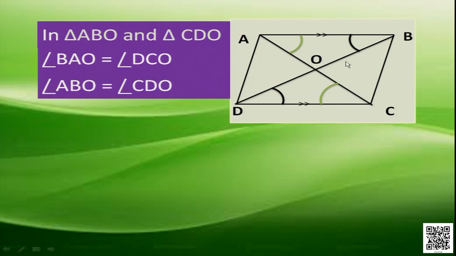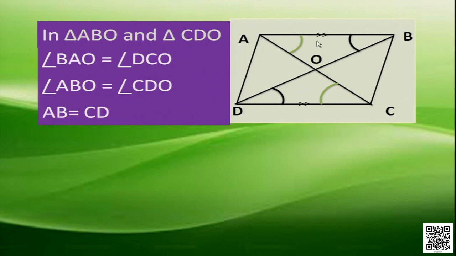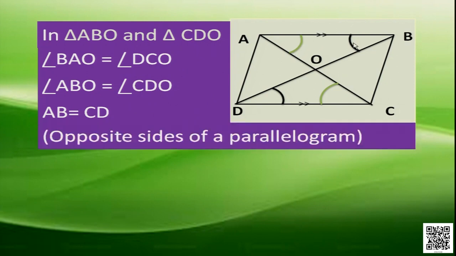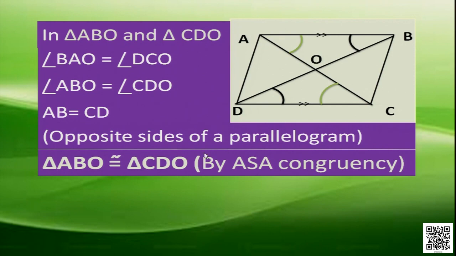These two are also alternate interior angles. And we have another condition, that AB is equal to CD, as they are the opposite sides of a parallelogram. Now, by the angle side angle property, these two triangles are congruent.